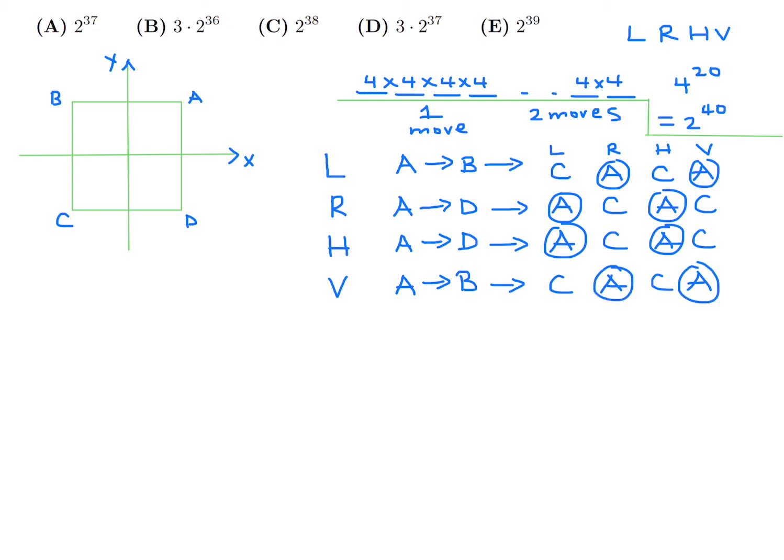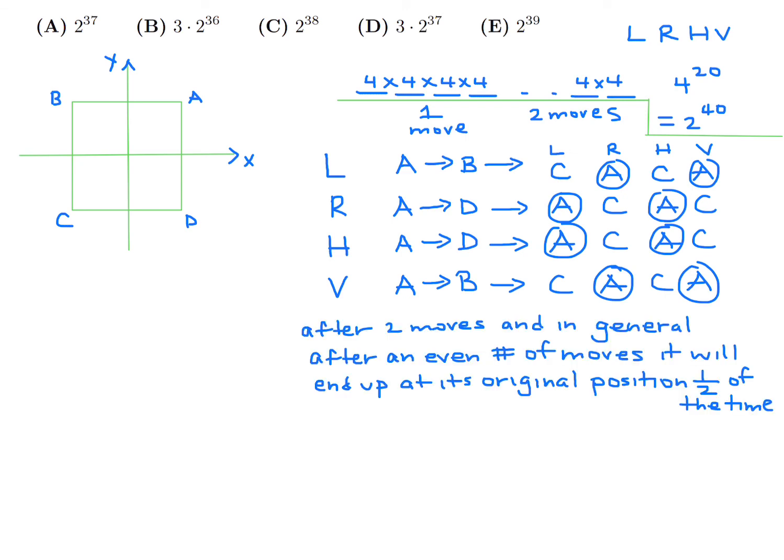So there are 16 possible ways it could end up, and half of them, 8 of them, it ends up at A. But that's only after 2 moves. If you keep doing this, you'll notice that in general, after an even number of moves, it will end up at its original position half of the time. Okay, so that is very important.